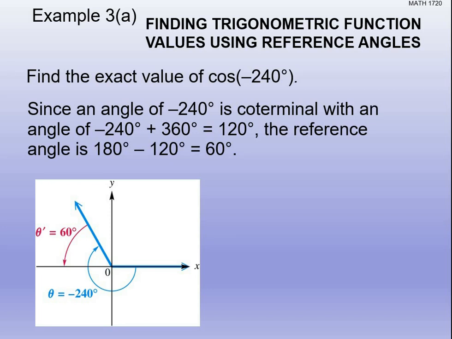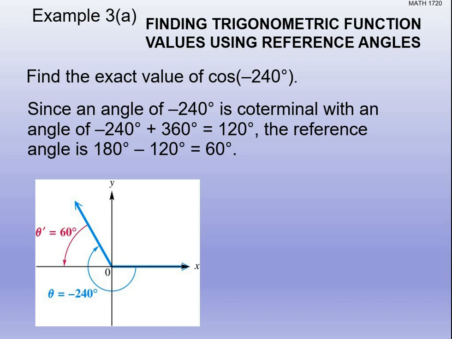You should have drawn this. Negative 240, we start at the x-axis, we rotate clockwise because it's a negative angle. We end up in the second quadrant, so we had to find that reference angle. That's the difference between the 180 and the 240. Remember, 180 is the x-axis and the reference angle has to go down to the x-axis.